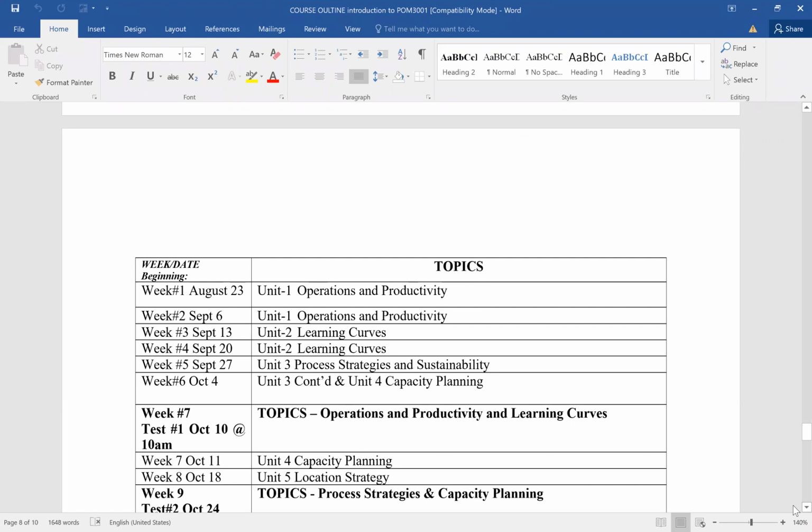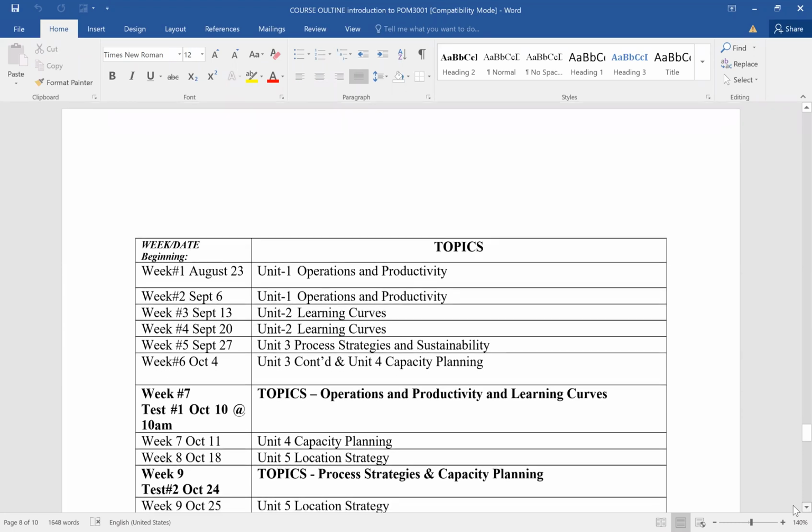Oh, there's one other topic, globalization, but it's in the text under operations and productivity. Basically, those are the topics: operations, productivity, and learning curves. If anything changes, I'll tell you way ahead of time.